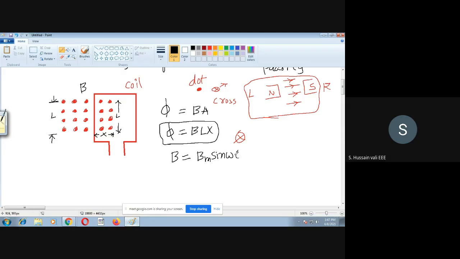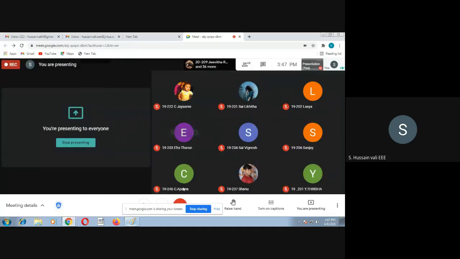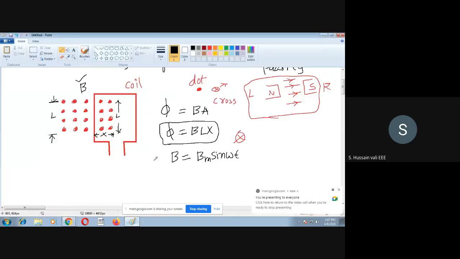So the flux density or the magnetic field in which the coil is present is a sinusoidally varying flux density, that is Bm sin omega t.